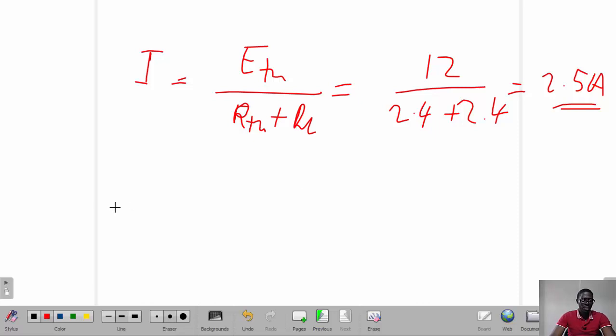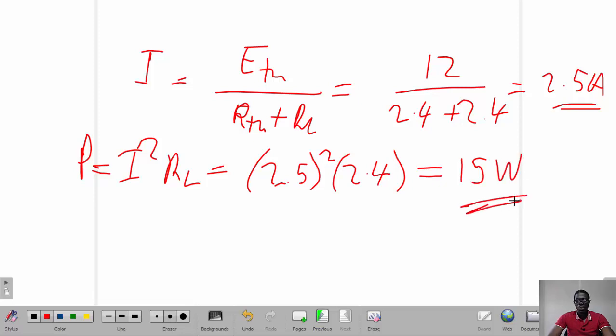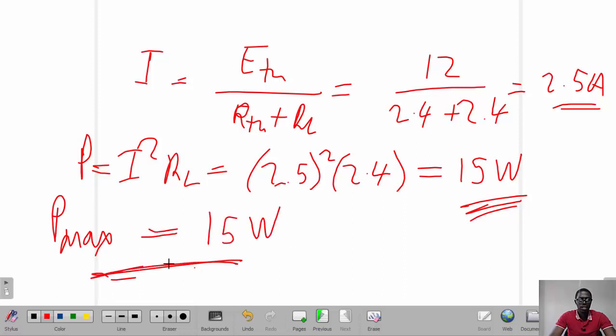The power dissipated in the load is P equals I squared RL, which is 2.5 squared multiplied by 2.4 ohms, and that gives us 15 watts. That is, in a nutshell, how we solve the maximum power transfer. So P max is equal to 15 watts, and that's the solution that we're looking for.